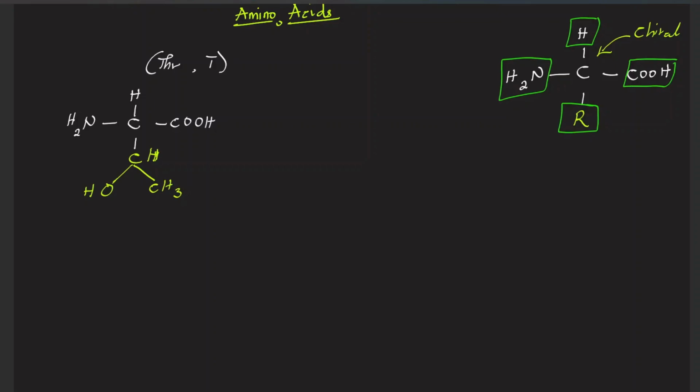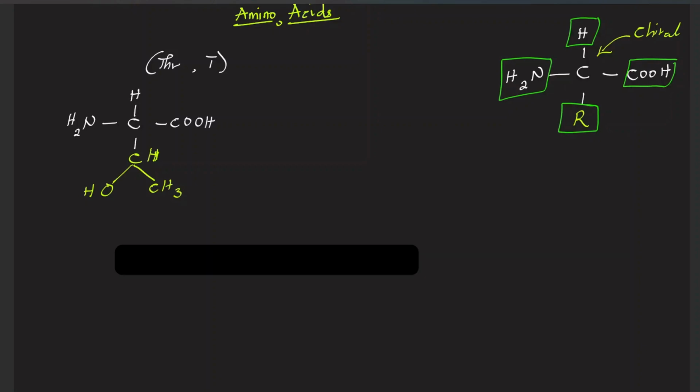Before I clean up threonine, there is one thing I need to point out. Threonine has 2 chiral centers, so it's one of 2 amino acids that has 2 chiral centers. This carbon is attached to 4 groups, so it's a chiral center.